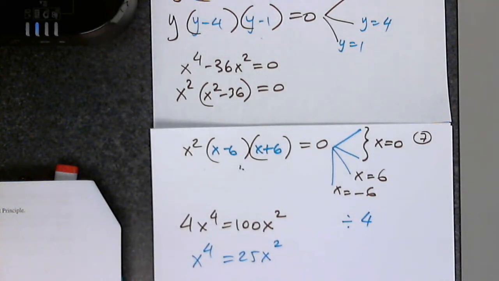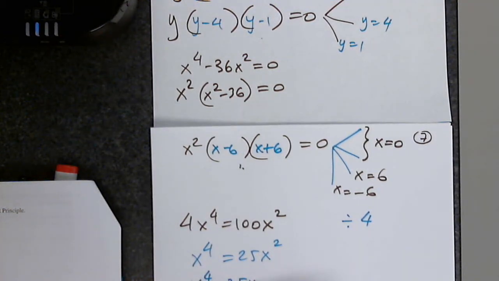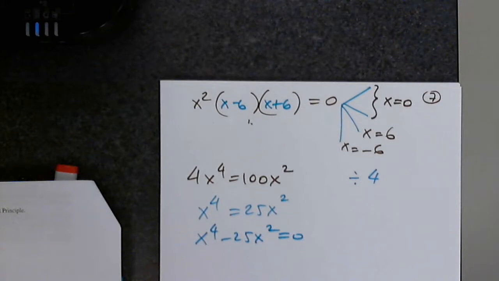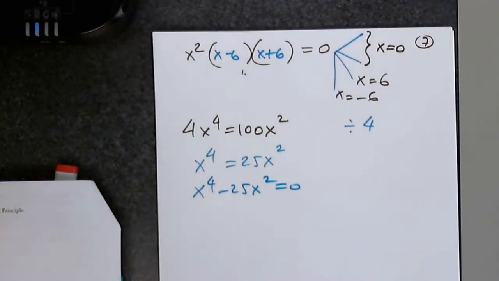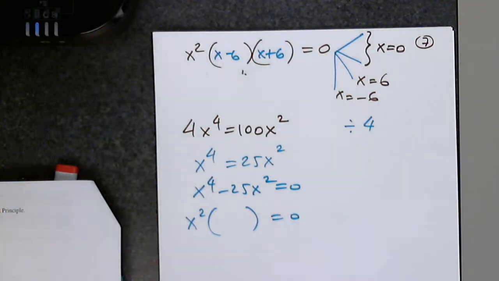Of course, I want to use the zero product principle. What do I have to do first before I get to that stage? And of course, I need to factor after that. 25x squared. Of course. So x to the fourth minus 25x squared equals 0. What now? Factor out x squared. Yes. You understand why x squared has to be in the problem.